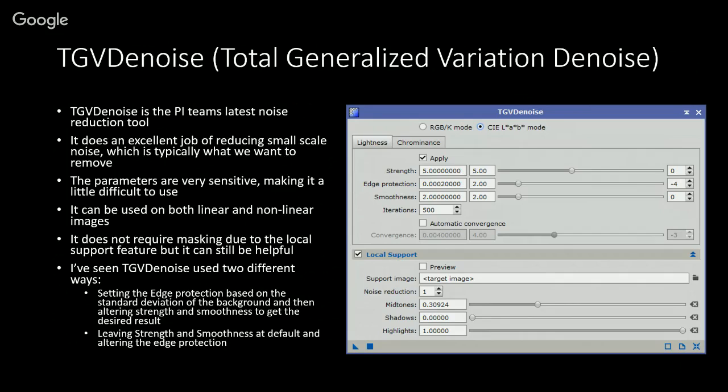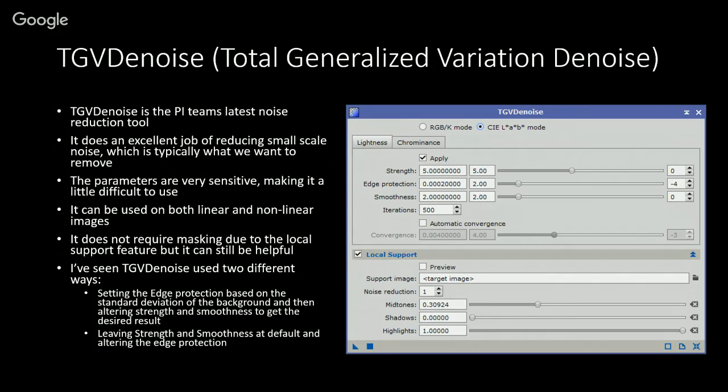There's kind of two different ways I've seen TGV denoise used. One is setting the edge protection based off of a standard deviation measurement on the background of the image, and then altering the strength settings until you're getting a reasonable result, and then altering the smoothness to actually tweak how well protected things are.